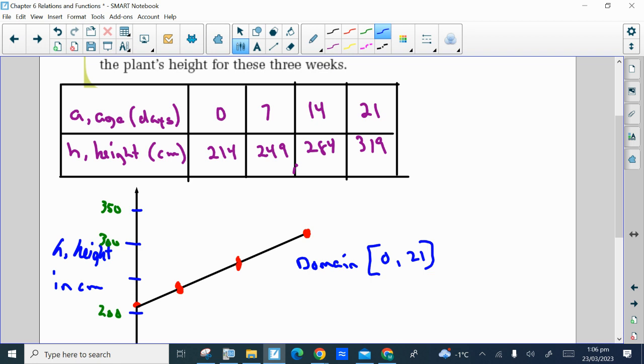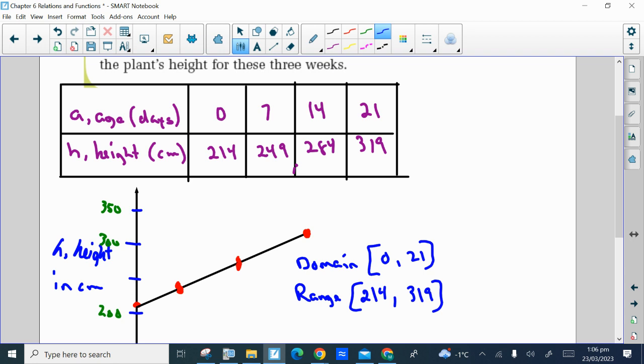And again, this is continuous data because the time is always ticking forward. So because it's continuous data, we can use interval notation. And our range will go from starting at 214 centimeters up to 319 centimeters.